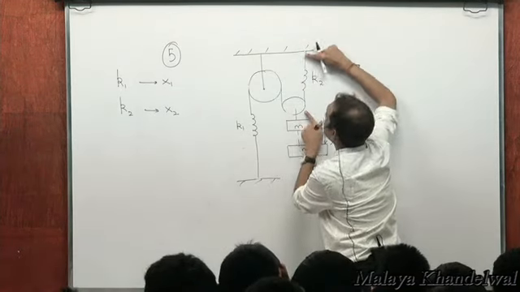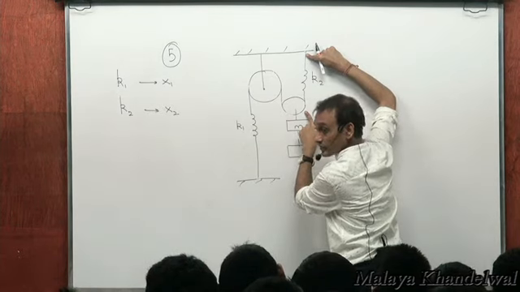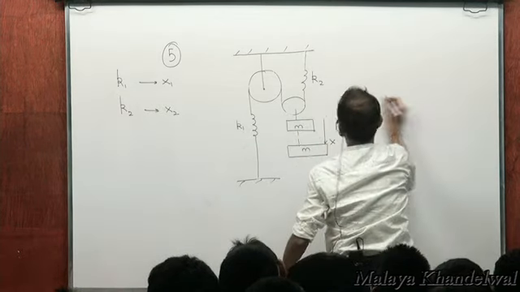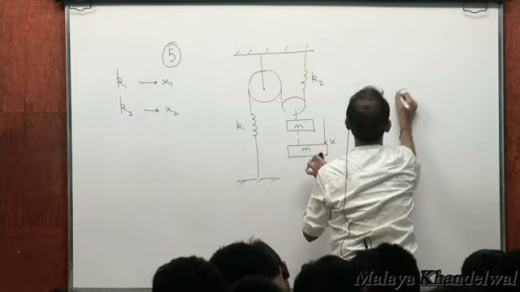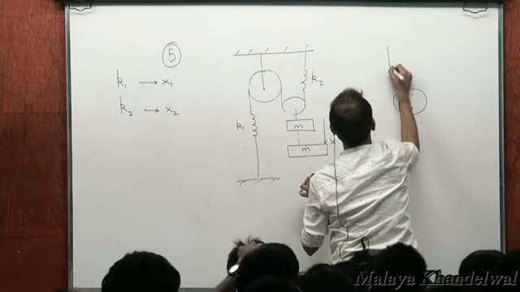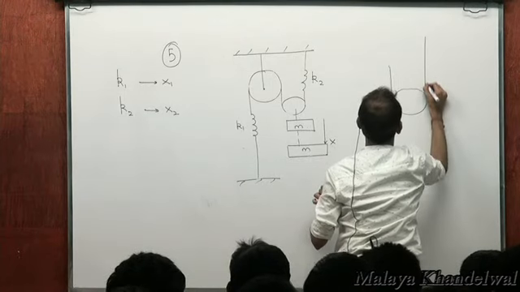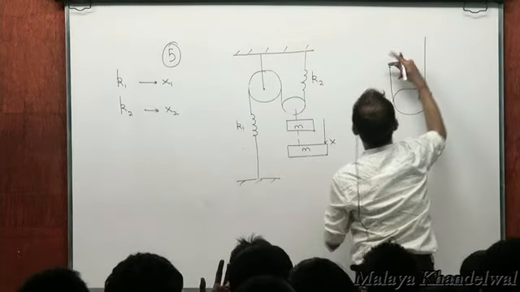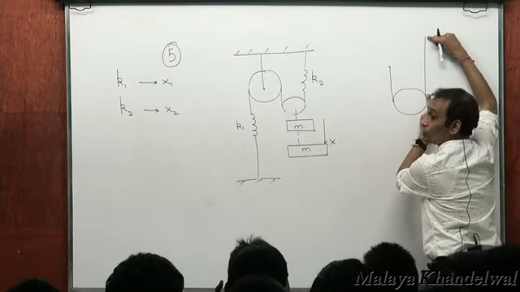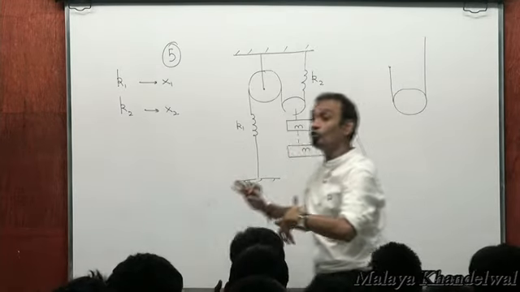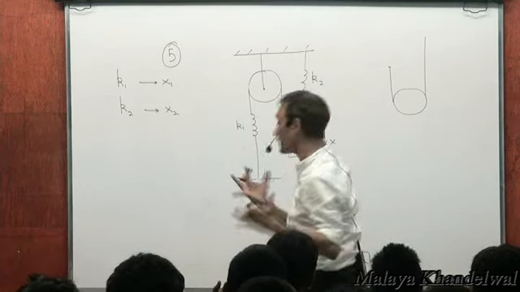Only this and this will change in length, isn't it? If you look at this movable pulley, this part and this part together will increase by an amount x1 plus x2.